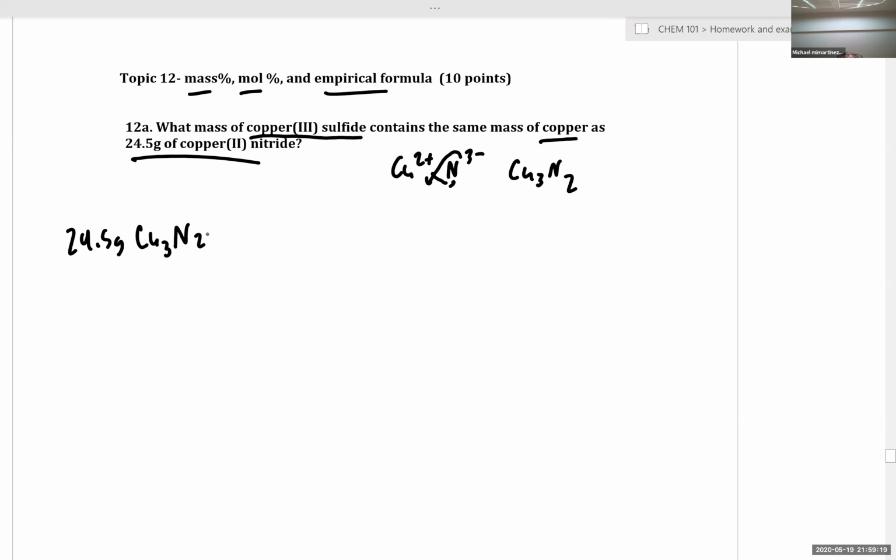Let's calculate the molar mass really quickly. So copper nitride has a molar mass of, one moment, punching into my calculator right now, 218.6.